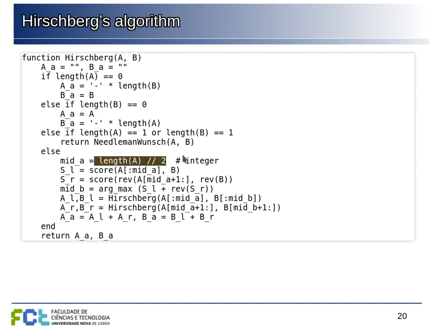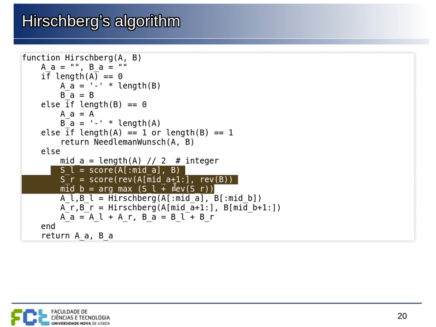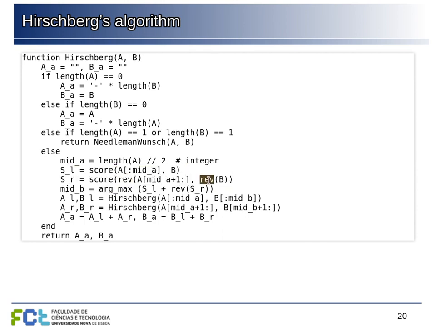So we just take the integer part, and this would be the cutting point for A. And now we need to find the corresponding midpoint on sequence B. And this one will be the one that maximizes the sum of the score of aligning the left part of A with B and the right part of A with B. Now there is a little trick here, that we need to reverse the sequences. I'm going to skip that for a moment just to explain the rest of this algorithm, and then we're going to focus on this trick.